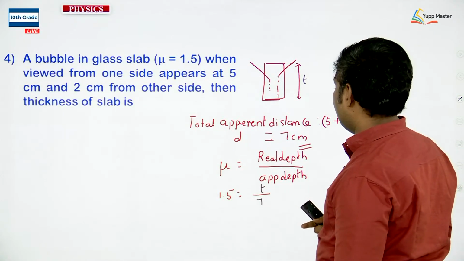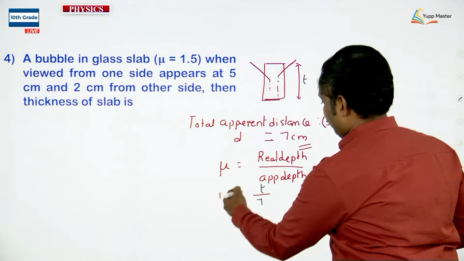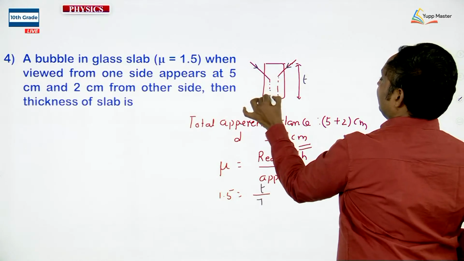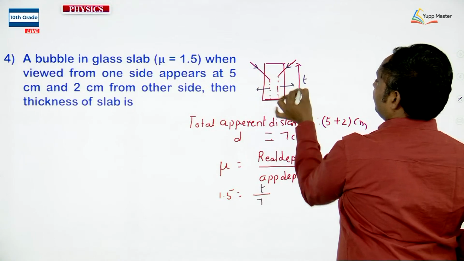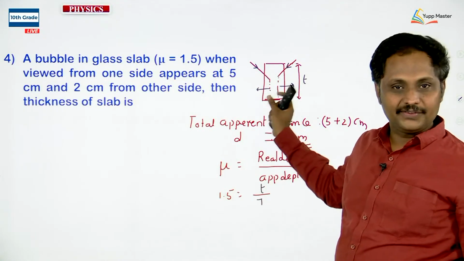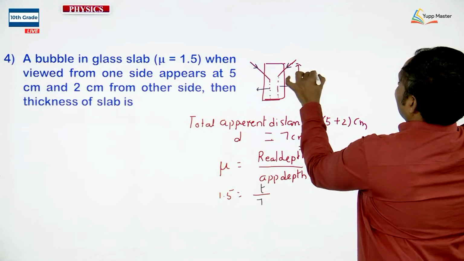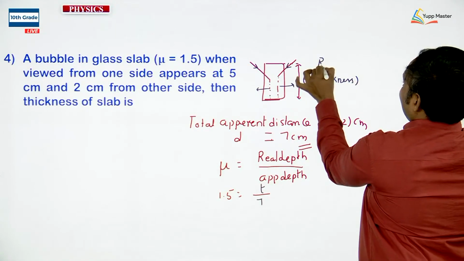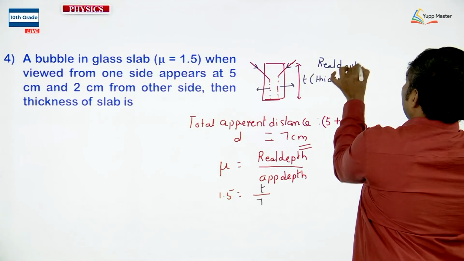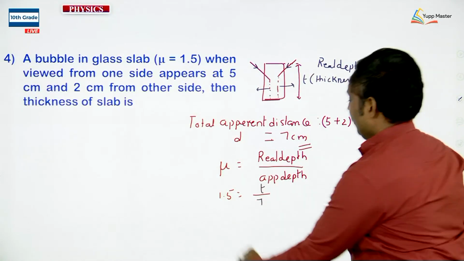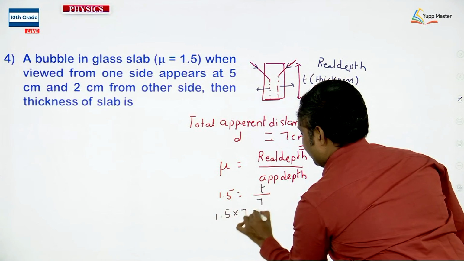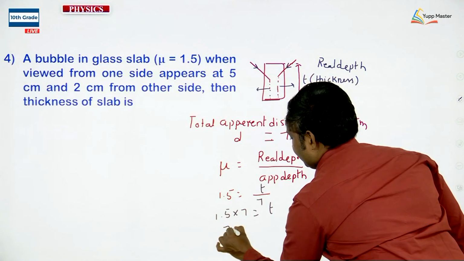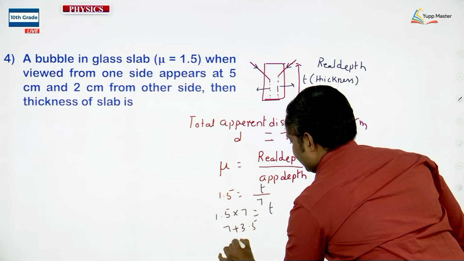Very easily you can solve the problem. 1.5 into 7 is equal to T. You will get 7 plus 3.5, that is 10.5.